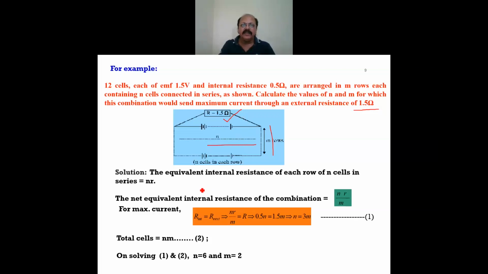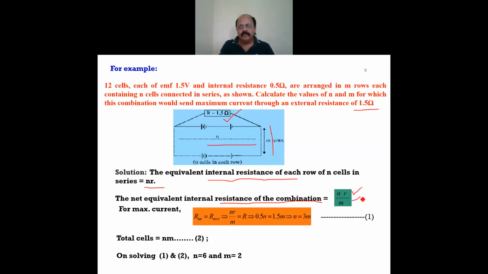Then you see that the equivalent internal resistance of each row of n cells, that I already told you, is equal to small n into small r, and the net equivalent internal resistance of the combination is equal to nr upon m.